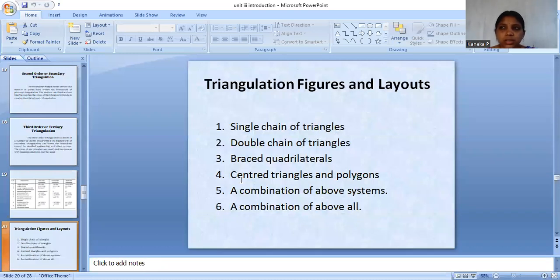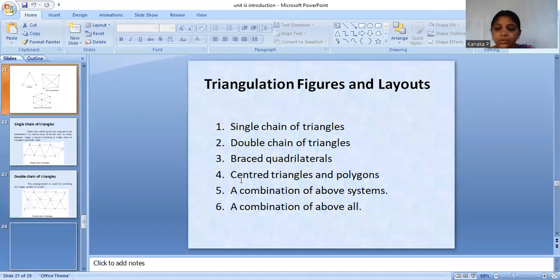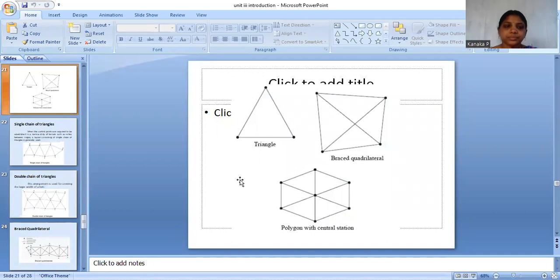The first one is single chain of triangles. Single chain of triangles is used for narrow strips, single triangles, braced quadrilaterals, and polygons with a central station.